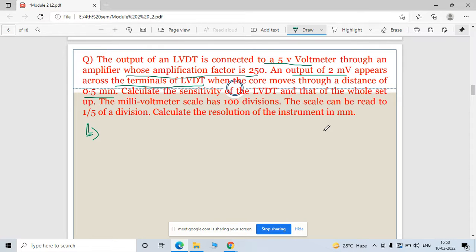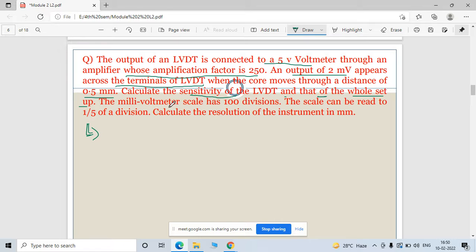So our core has moved by 0.5 mm. Then calculate the sensitivity of the LVDT, that is of the whole setup. What is the formula for sensitivity? Change in output upon change in input. What is the input here? It is displacement, right? So your core has moved in displacement.